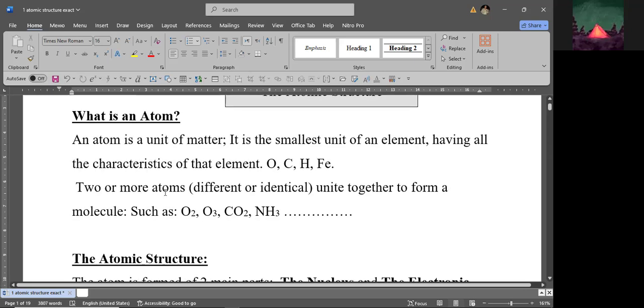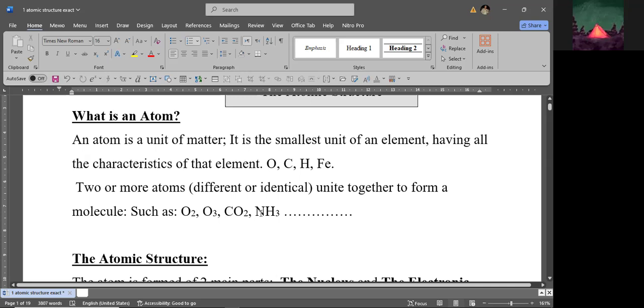Two or more atoms, when they unite together, different atoms or identical atoms, form a molecule, such as oxygen gas, ozone gas. Oxygen gas is formed of two identical atoms. Ozone gas is formed of identical atoms. So oxygen gas and ozone gas are elements.